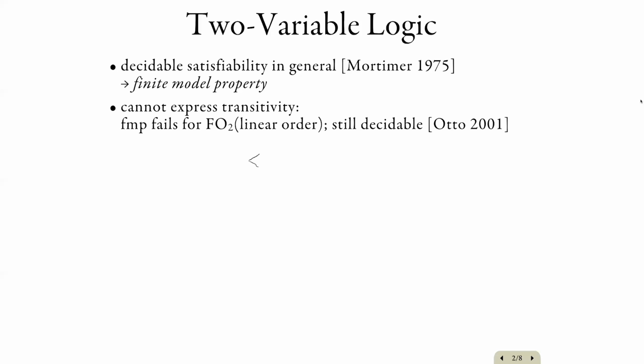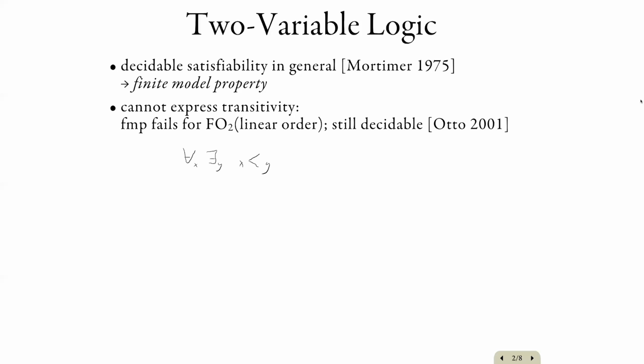Indeed, if we consider two-variable logic with a binary relation which is assumed to be a total order or linear order, then this logic no longer has the finite model property, because we can write a sentence that every node X has a node Y which is larger than it.